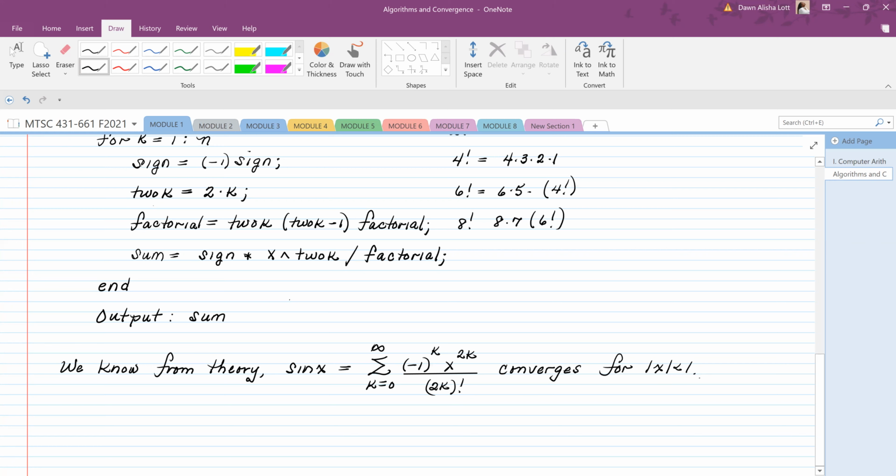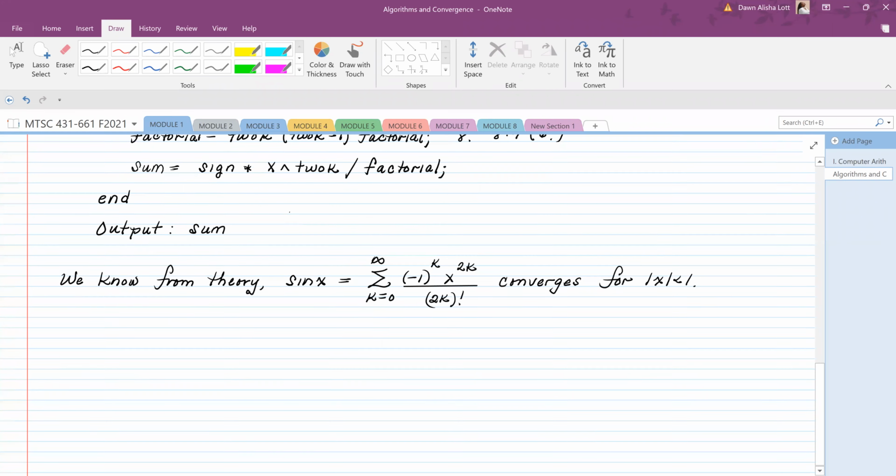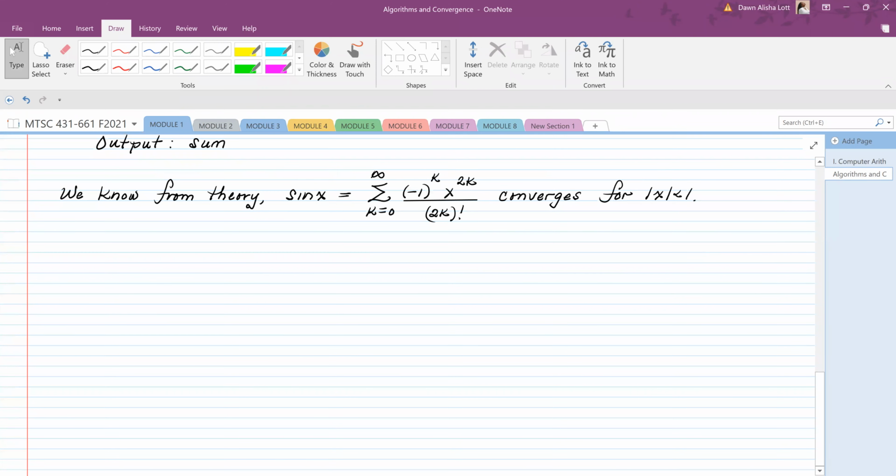So what we should see is a small amount of error whenever we do this. For each n, you should see a small amount of error between the true solution and the approximated solution. And we expect to get a small amount of error.